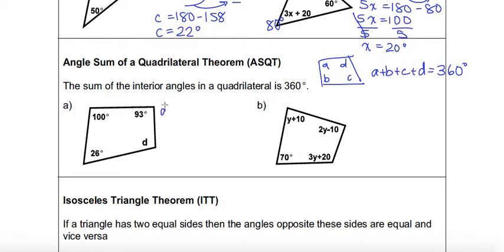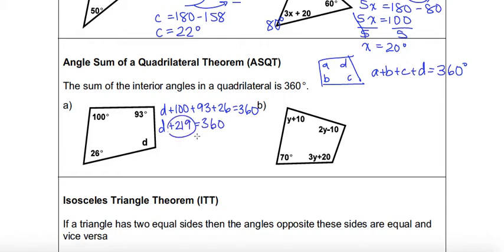So I know that D plus 100 plus 93 plus 26 is equal to 360. So I'm going to add up my constants. So 100 plus 93 plus 26 is equal to 219. So D plus 219 is equal to 360.